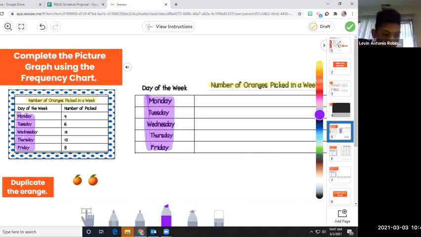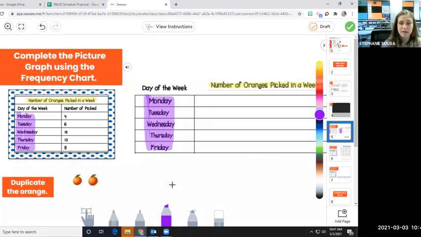So Levin is pointing out our next step, looking at our data. We have 4, 6, 10, 12, and 8. And Levin is correct. We can say these numbers counting by 2. 2, 4, 6, 8, 10, 12. So that would probably be a good scale for us to use.